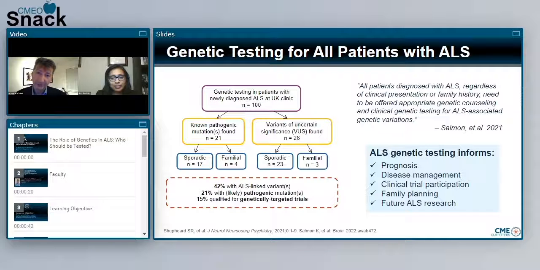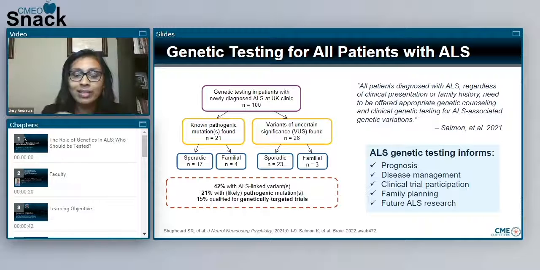What about for you? I think you made a really important point about some of these genes we do have some information on. So we may not know how the genetic mutation functionally causes ALS biologically, but we do know some clinical features that we really need to be alerted for. So there are some mutations of the SOD1 gene, and as you mentioned, the FUS gene, that are rapidly progressive, and we know that.